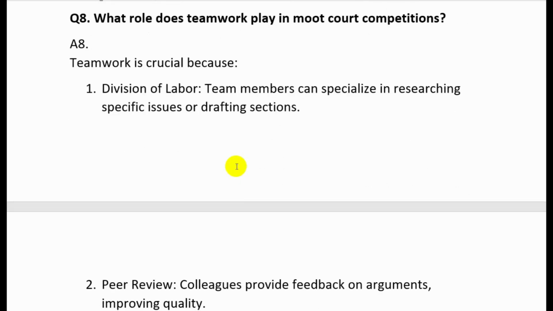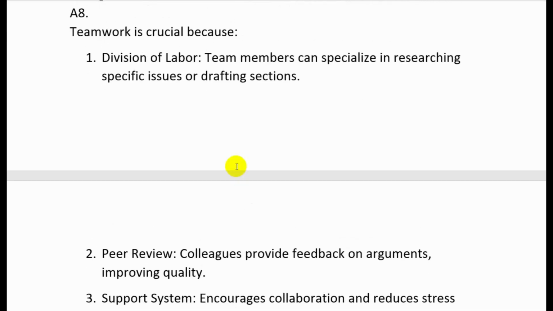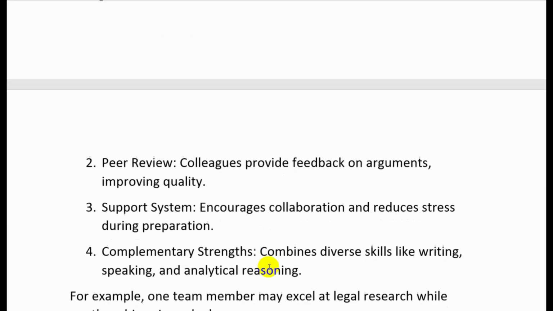What role does teamwork play in moot court competitions? Teamwork is crucial because it helps in division of labor. Team members can specialize in researching specific issues or drafting sections. So basically, it is a division of work. Peer review: colleagues provide feedback on arguments, improving quality.